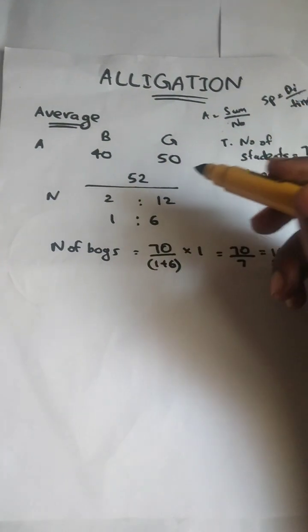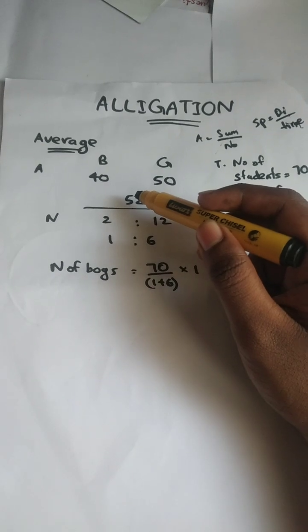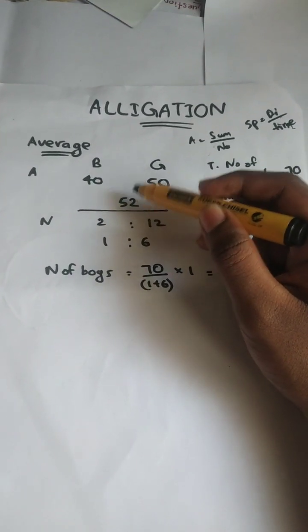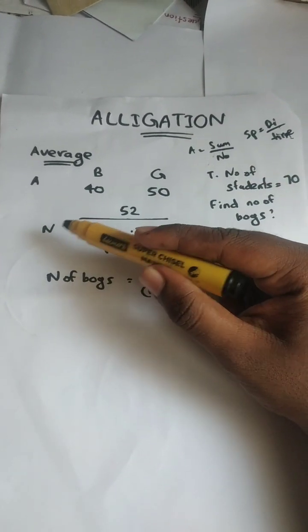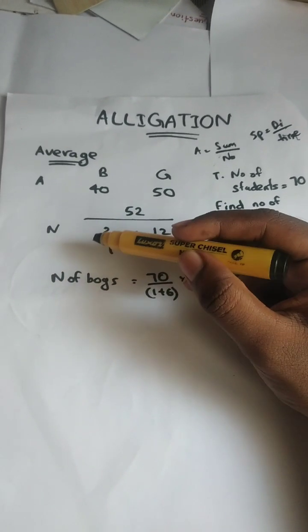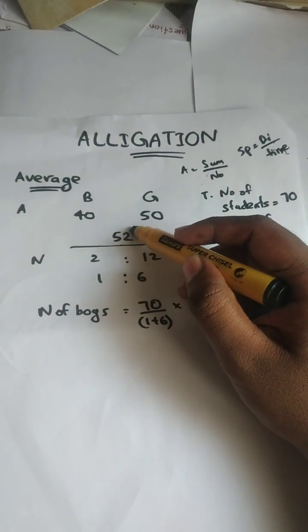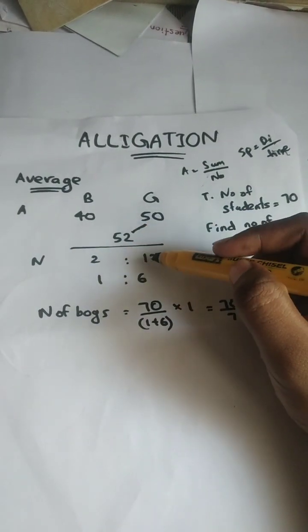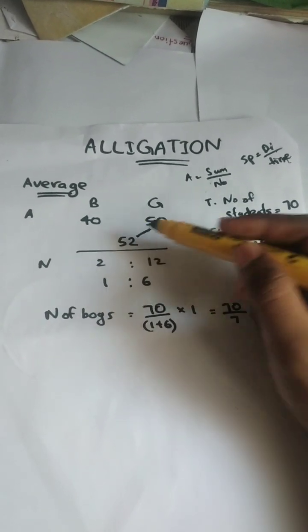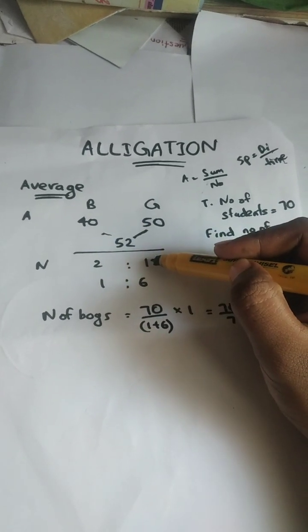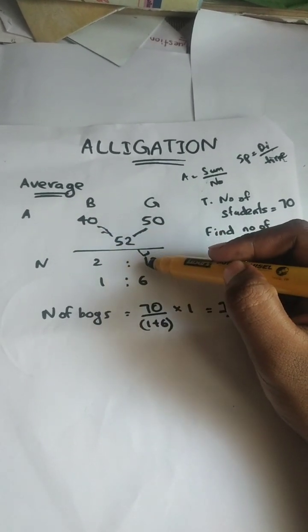The main thing is that you want to subtract the values from the center number, so that we can get the ratio of the number of boys to girls.